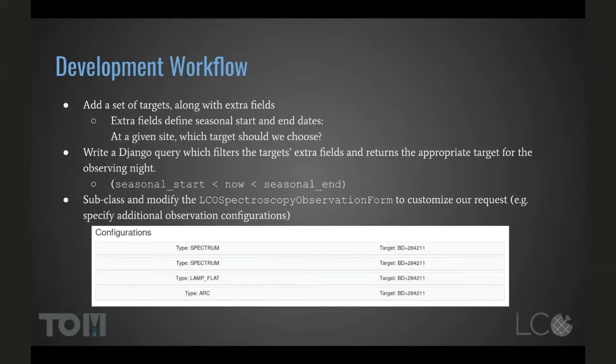But we were able to go ahead and extend that function and define 4 configurations for our observation. We take 2 spectra, a lamp flat, and an arc. And that was really natural for us because we took what worked in that observation form, but then we were able to extend it and build on the functionality that was already there.